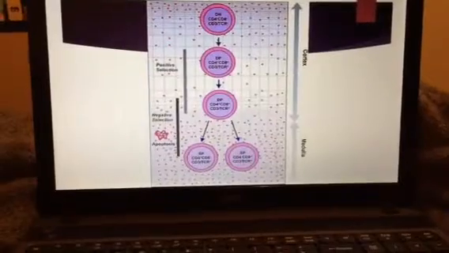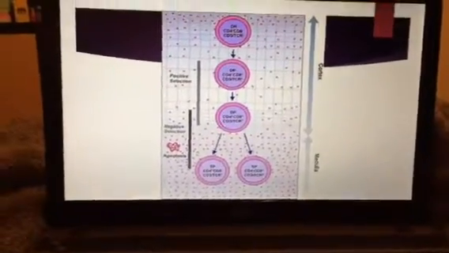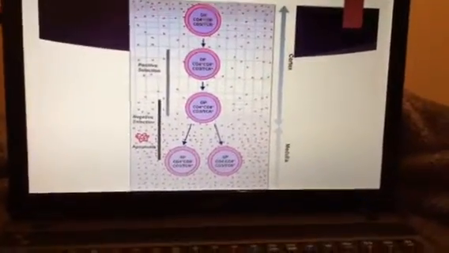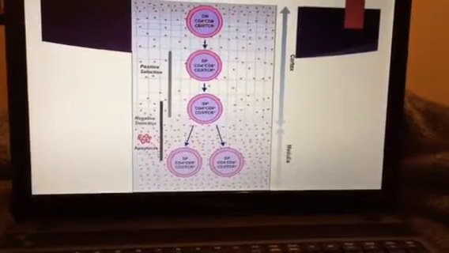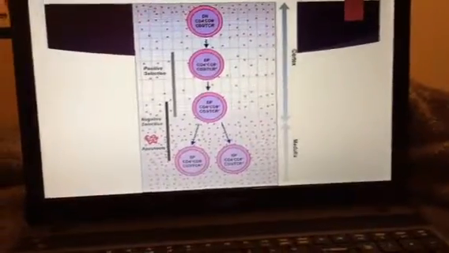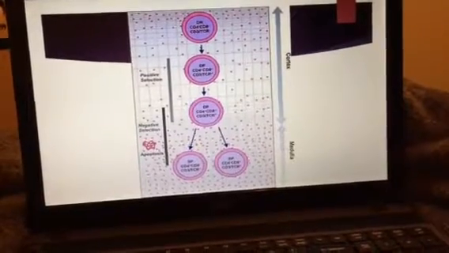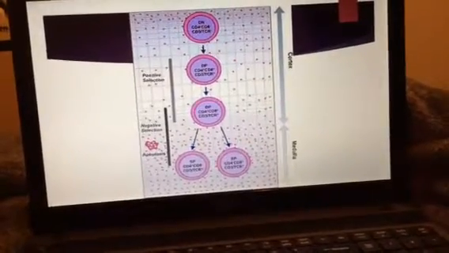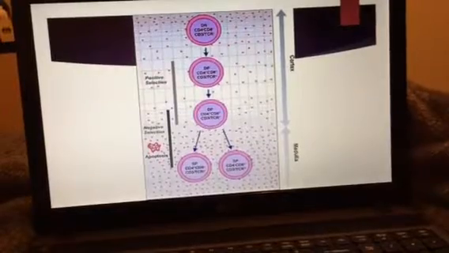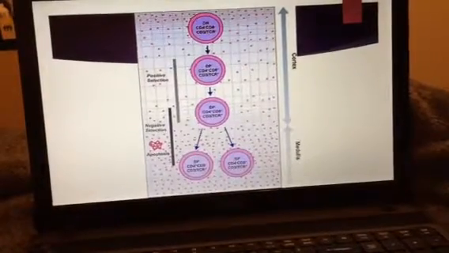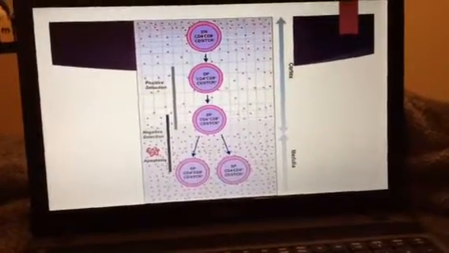Also, the cells that are negatively selected can go through a process called apoptosis, which is basically programmed cell death. That's how the cells die off if they don't interact correctly.